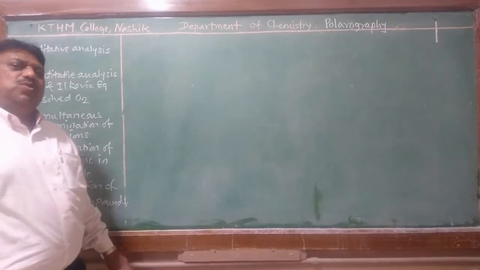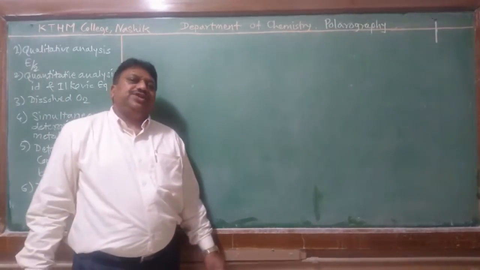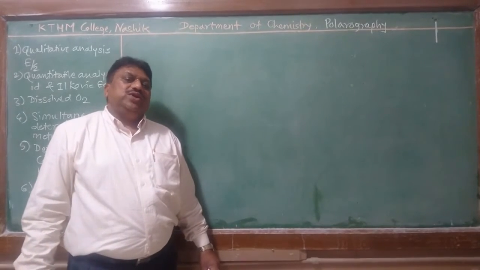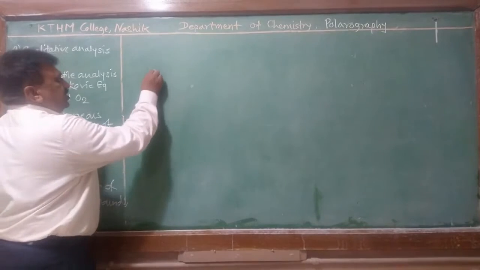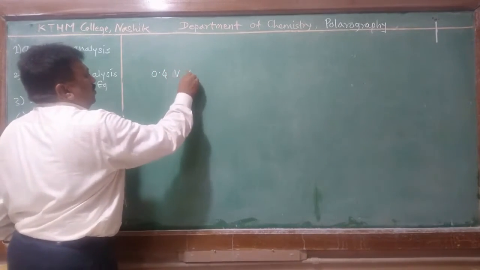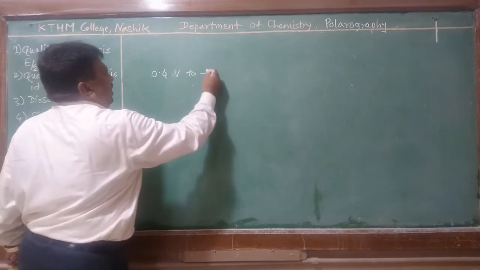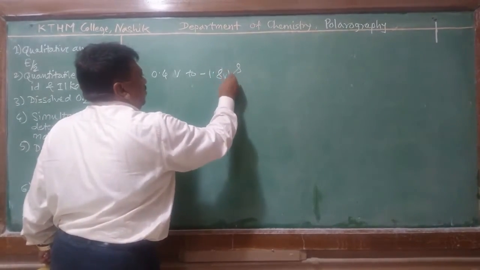We know that polarography is useful for determination of those analytes which are either oxidized or reduced within the potential range 0.4 volt to minus 1.8 volt versus the saturated calomel electrode.